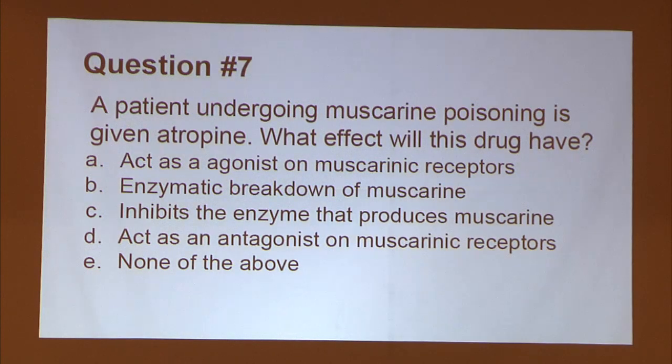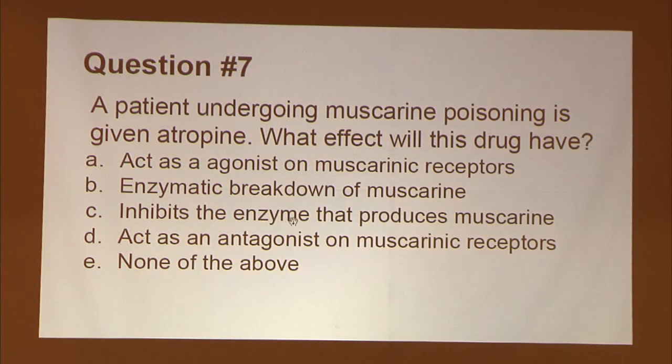A says it acts as an agonist on muscarinic receptors. Muscarine is the agonist for that cholinergic muscarinic receptor, so that's not true. B says that it enzymatically breaks down muscarine, which is also not true. Not sure what enzyme does that, but we didn't really go over that at all.